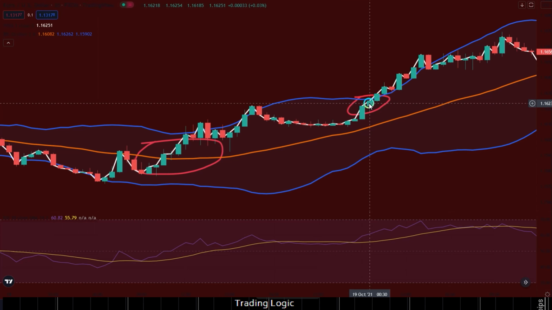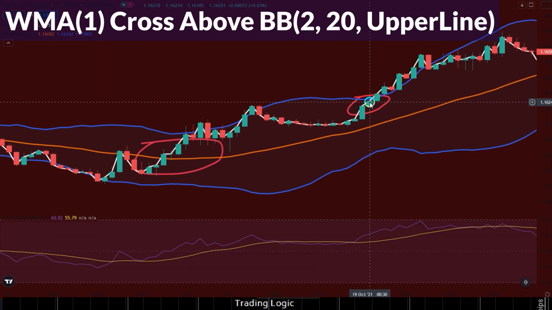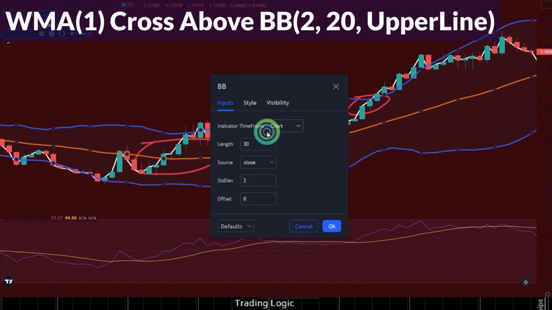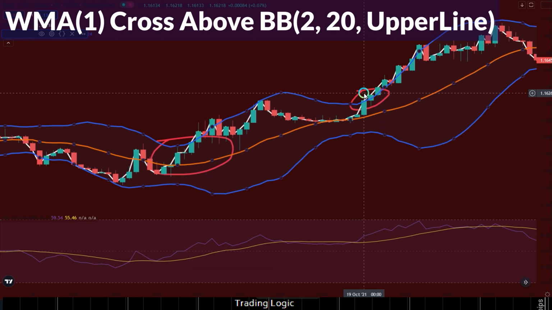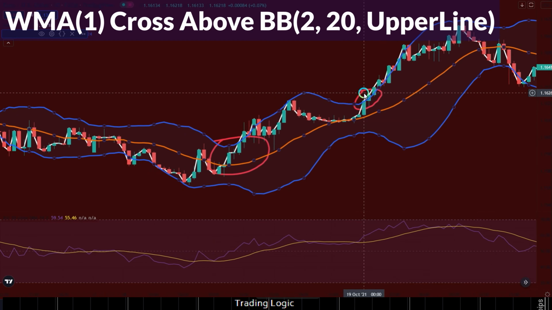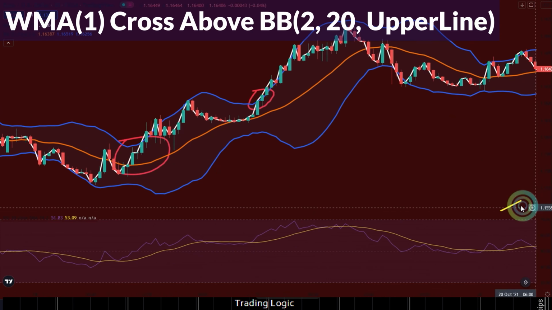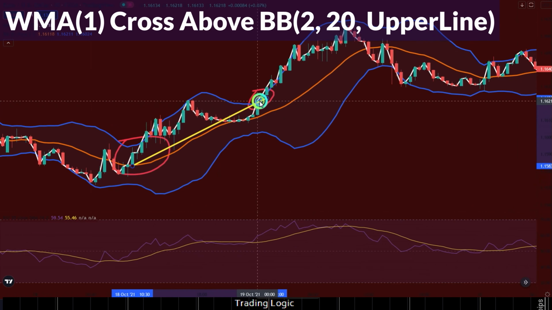Now, the rule is that when a 1 period weighted moving average crosses above the Bollinger Bands, that is 2 deviation and 20 period, the weighted moving average has to cross above the upper band of this particular Bollinger Band, and then you can close the trade, but just if 510 minutes passed after the entry of the trade.